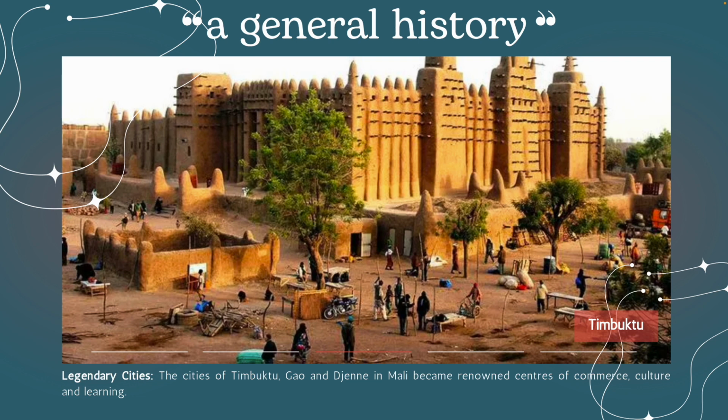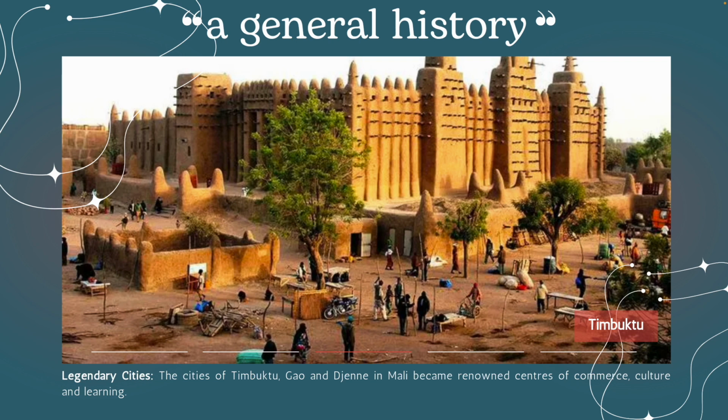A centuries-old significant city in West Africa. In the 14th century, it became the commercial, religious, and cultural hub of the West African empires of Mali and Songhai. And Timbuktu was known throughout West Africa, and its fame extended across oceans to Europe and Asia.